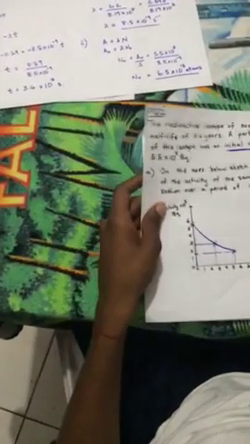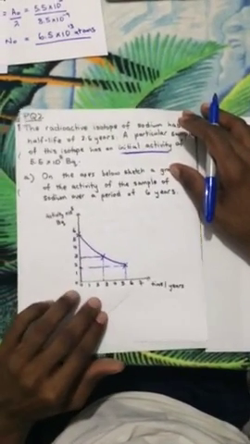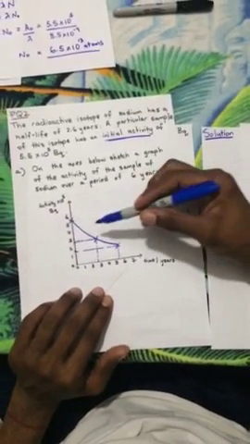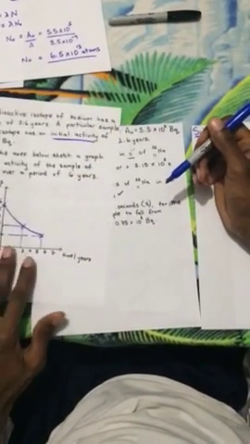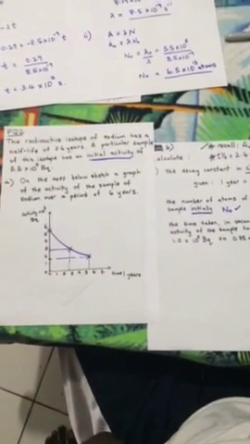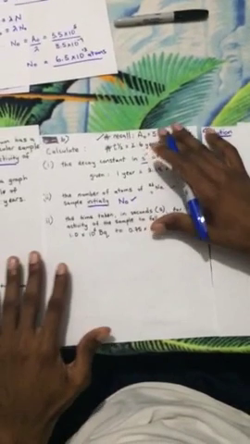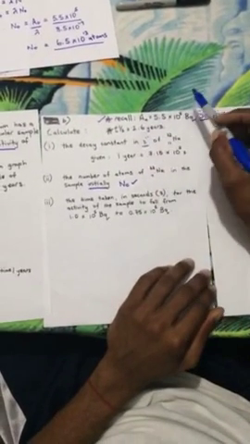Now the previous question looked at the sketch of activity against time, and we sketched a nice best fit smooth curve showing the two half-lives for the sodium sample. This is just a follow-up question to the sketch that we previously plotted.